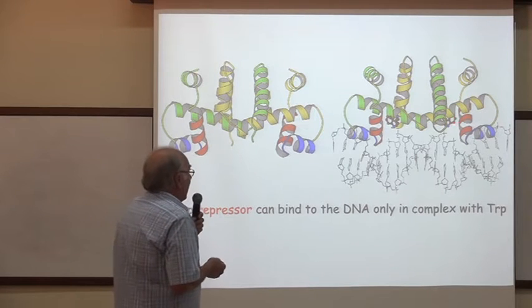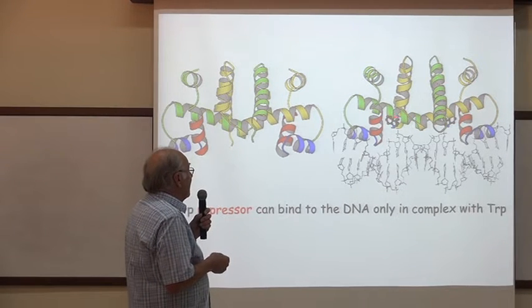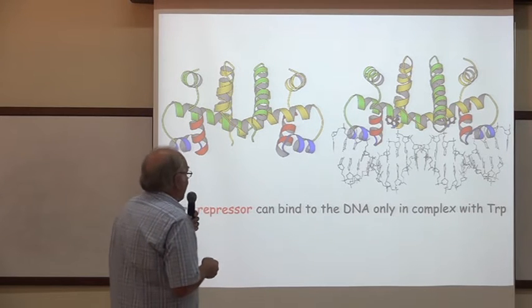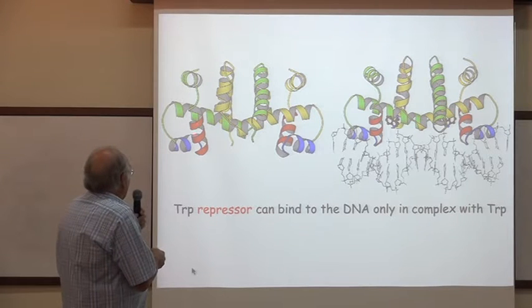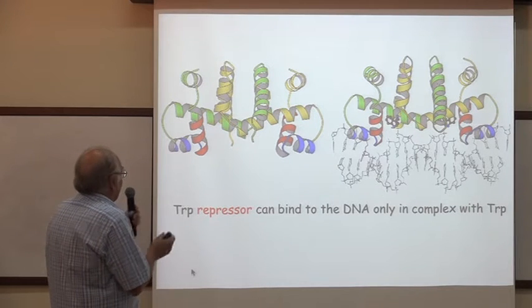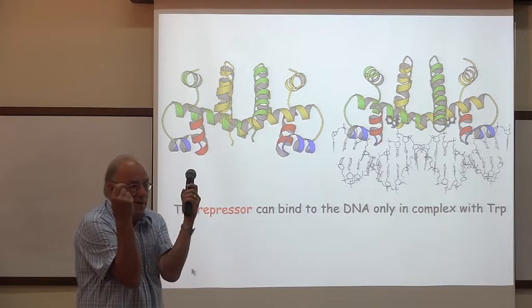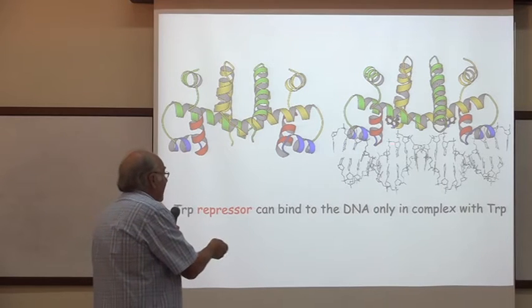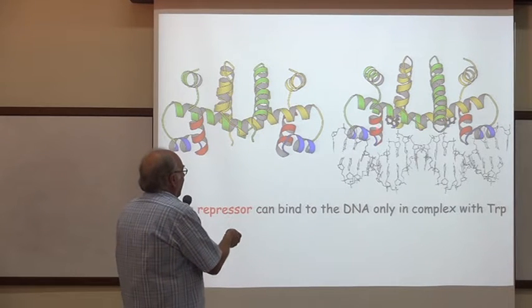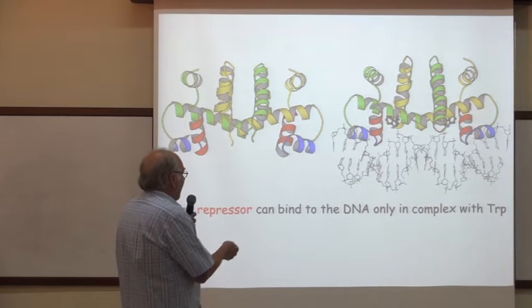But now, if you have a high concentration of tryptophan, the tryptophan binds here to the protein. It changes the structure just very slightly. If you look at it, these red helices, they are a little bit inclined in this way. But when tryptophan binds, they open up. Now it can sit down on the DNA. So the blue helix gets into the major groove again.